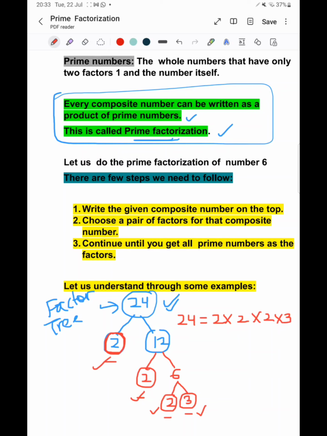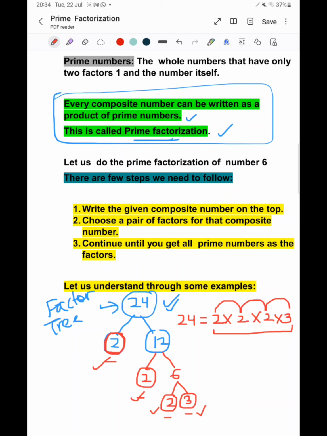So 24 can be written as a product of these prime numbers, and you can check your answer also. 2 multiplied by 2 is 4, 4 multiplied by 2 is 8, and 8 times 3 is 24.